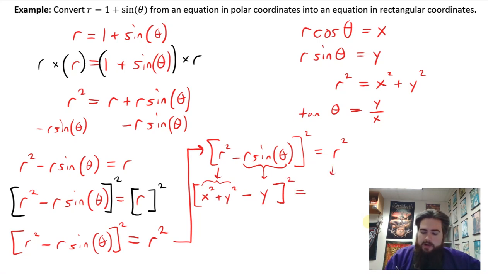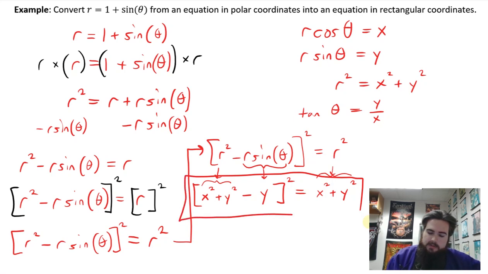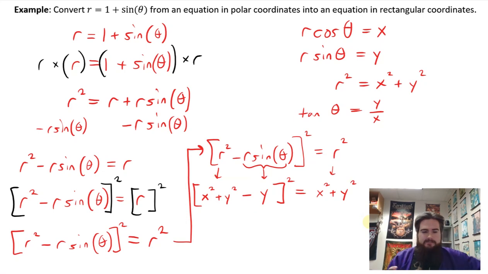And r squared, I will replace, just like before, with x squared plus y squared. This now is an equation in rectangular form, as I no longer have any terms involving r or theta.